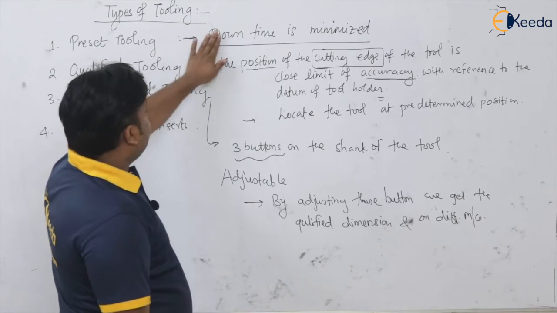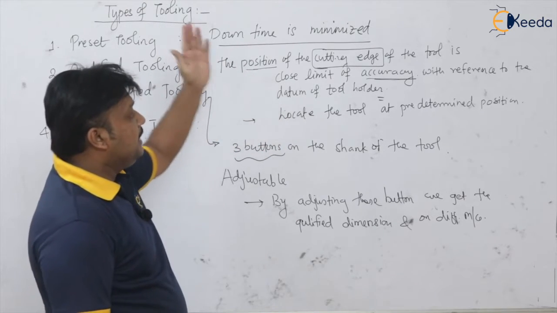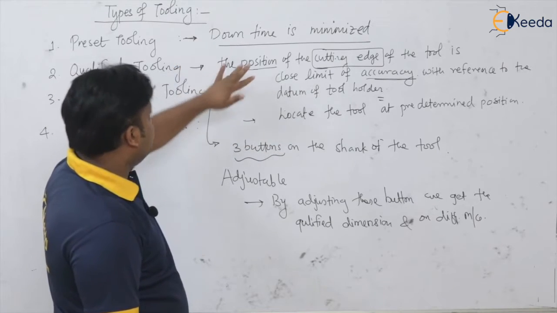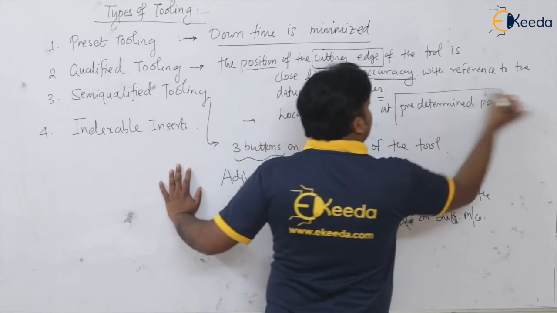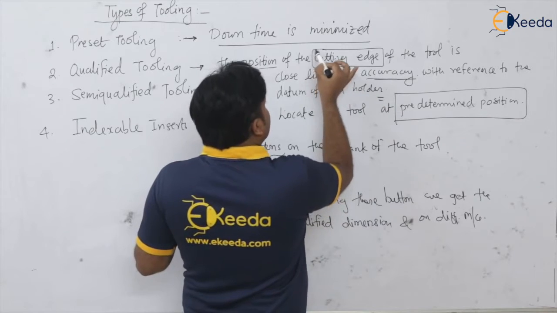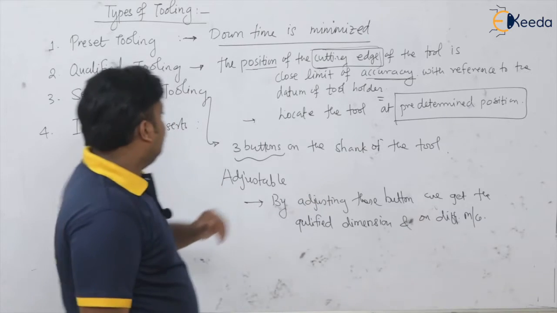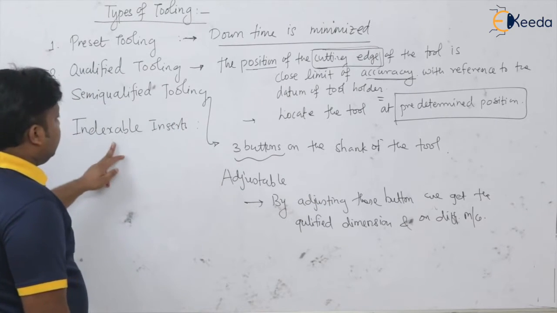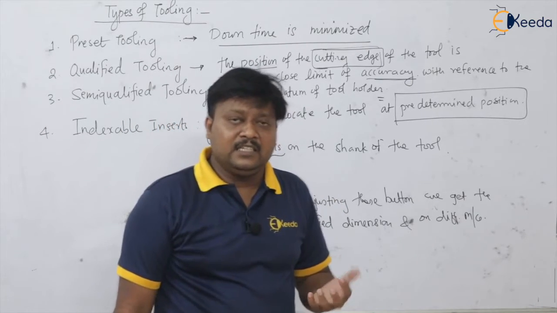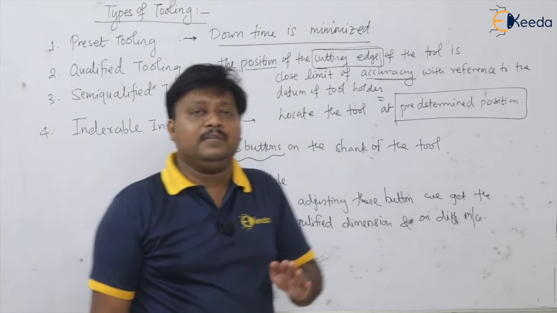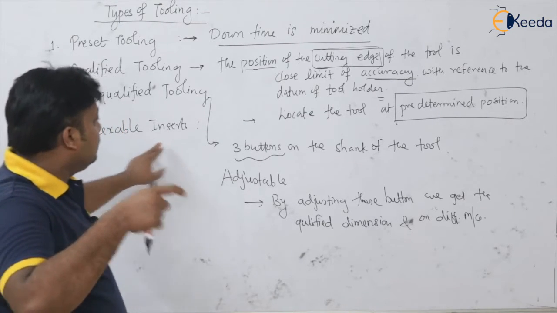So preset tooling is set in the tool room and taken directly, fixed straight away onto the machine, which reduces the downtime. Qualified tooling locates the tool at the predetermined position, and the cutting edge of the tool is within close limit of accuracy with reference to the datum of the tool holder. And if you talk about indexable inserts, we know that in CNC we use carbide inserts, which can be either brazed or indexed onto the body of the cutting tool.